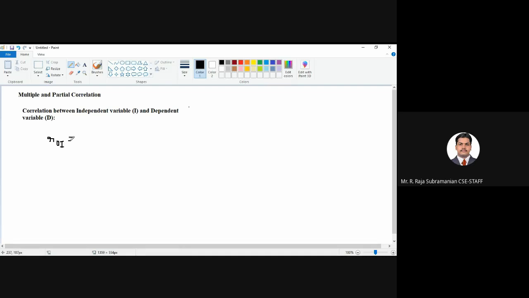This can be expressed by using the formula: summation of x_d x_i, where x_i is nothing but the independent values.